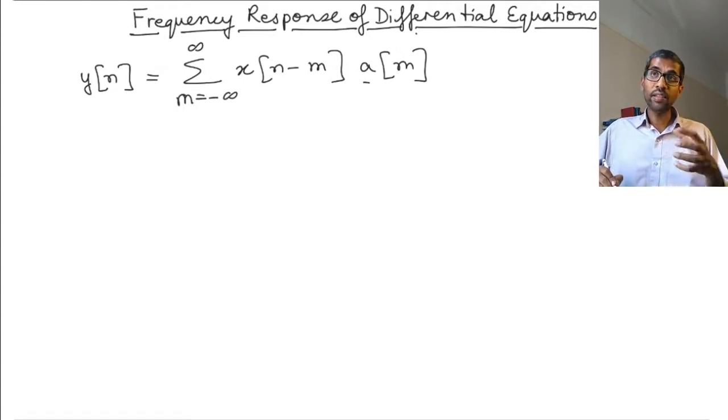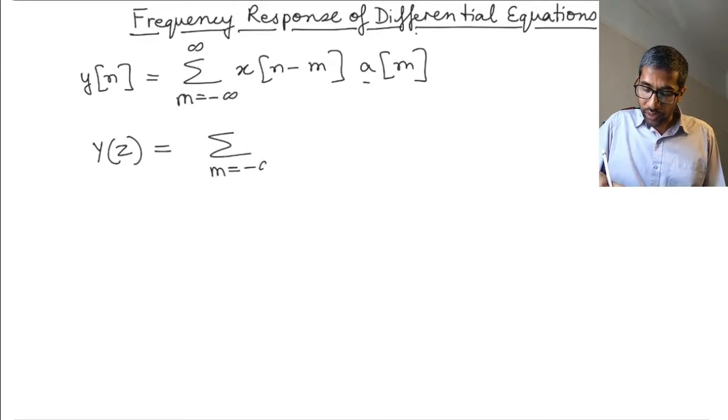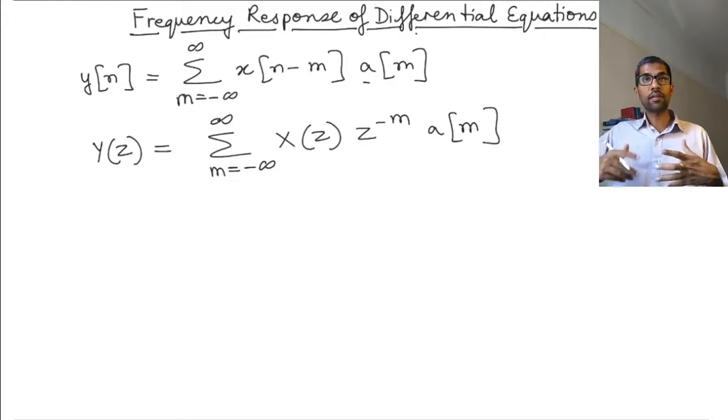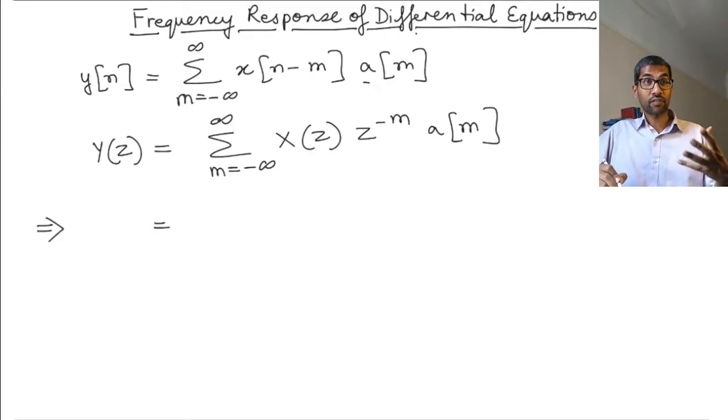Now if you convert this into the z domain, we get Y(z) equal to the summation over m equal to minus infinity to infinity of X(z) z to the power minus m a_m. Okay, so that would be your z transform of this signal, of this transformation.